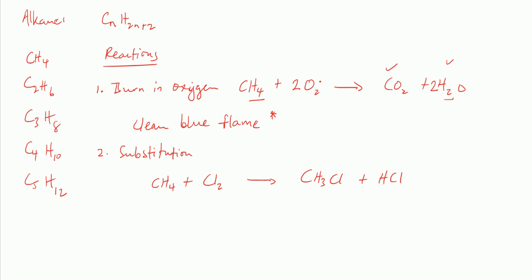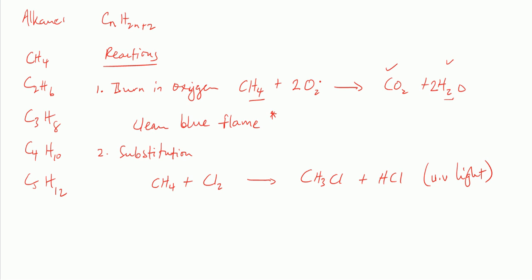You also need to know the conditions under which this reaction will take place. The condition for this reaction is UV light, right? Like I said in organic chemistry, you need to know the reaction conditions. So I'm taking methane, which is an alkane, and reacting it with chlorine gas. And there's a condition for it, which is ultraviolet light is required, right?